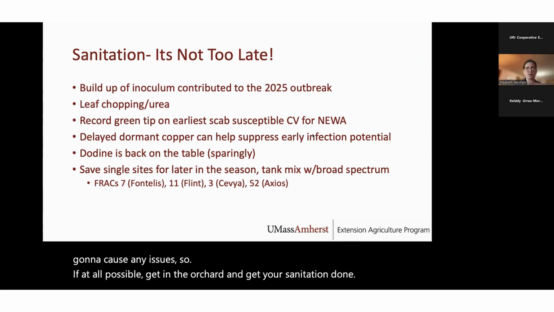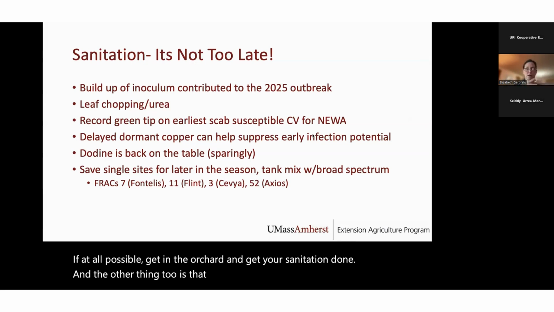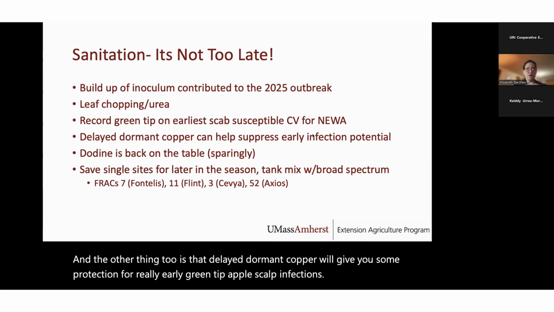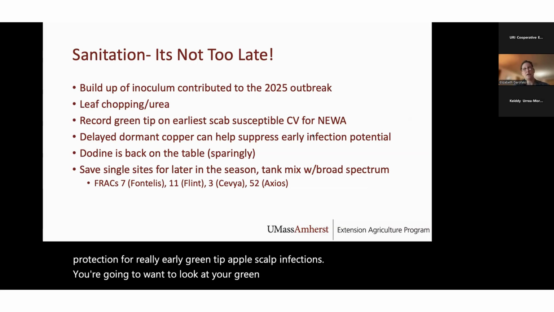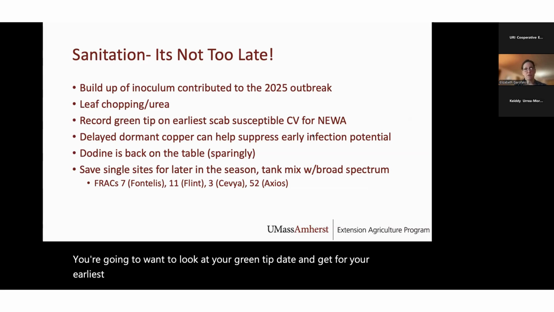And the other thing too is that delayed dormant copper will give you some protection for really early green tip apple scab infections. You're going to want to look at your green tip date for your earliest scab susceptible cultivar.